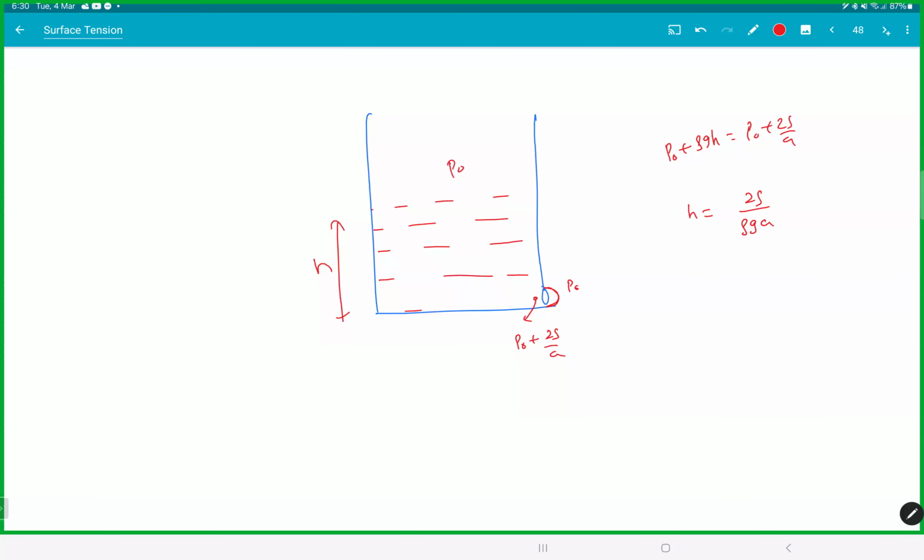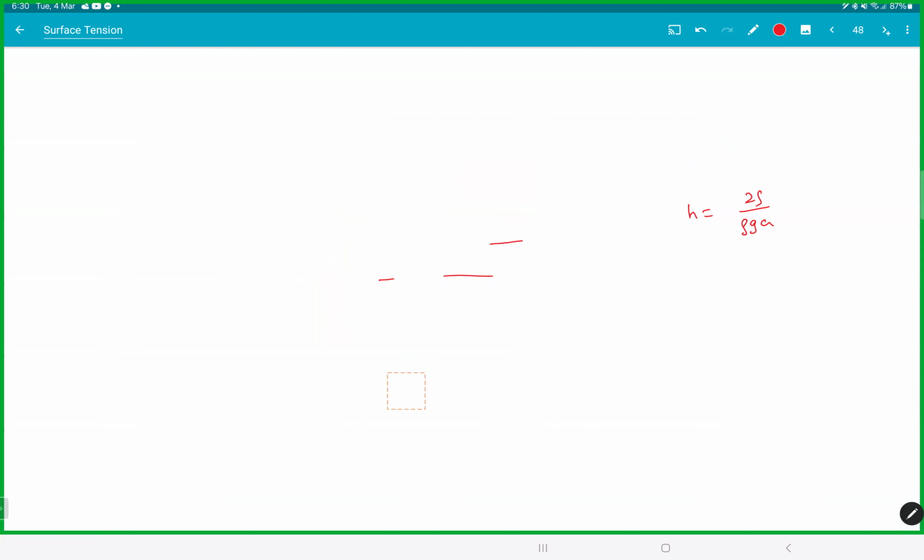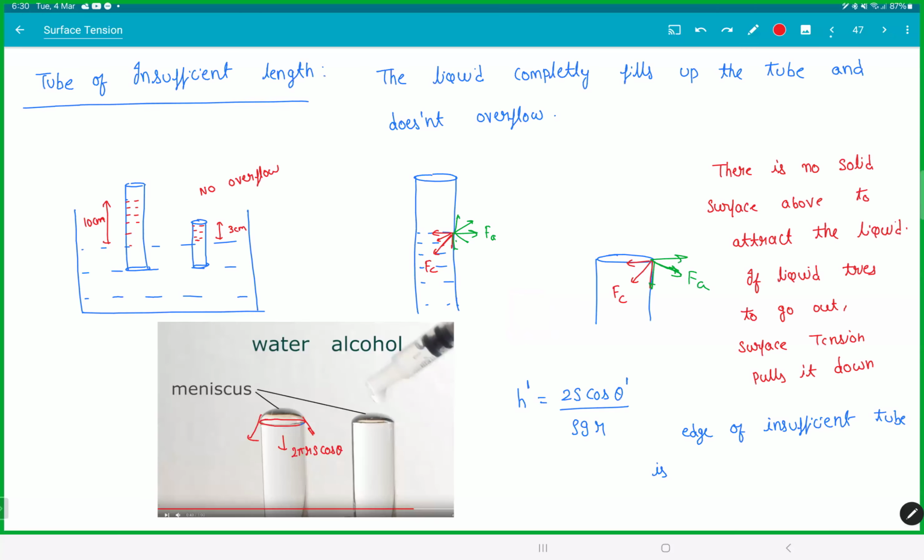If you take a container with a hole and put water, liquid won't come outside till you reach this height. All you will get is a small bulge out here and that's it. So your velocity of efflux formula will go for a toss. Clear with this? The edge of the insufficient tube is different, therefore the contact angle is different.